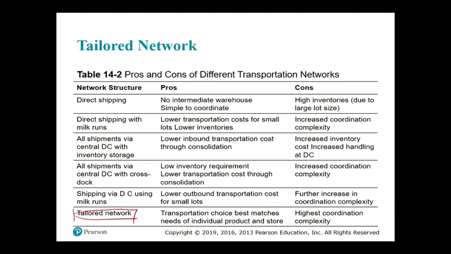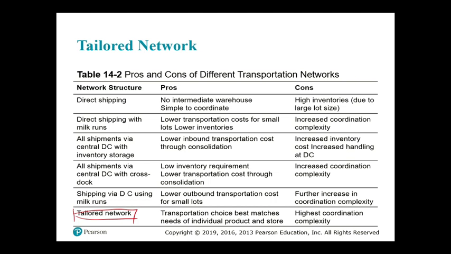Tailored network option is basically we're going to combine a subset of all the above options to satisfy one or many products in the supply chain or two different sectors of customers.